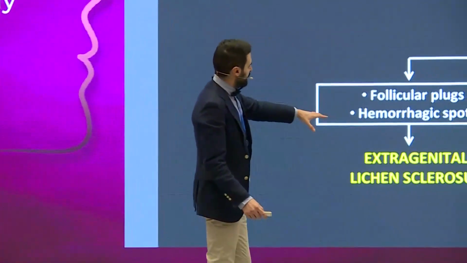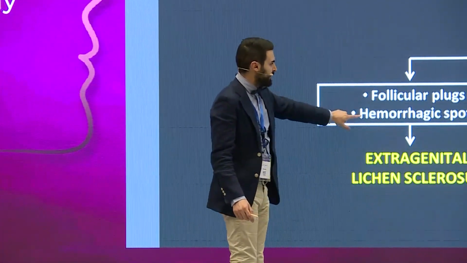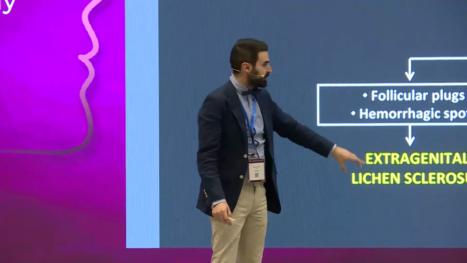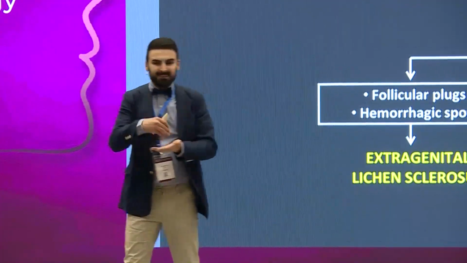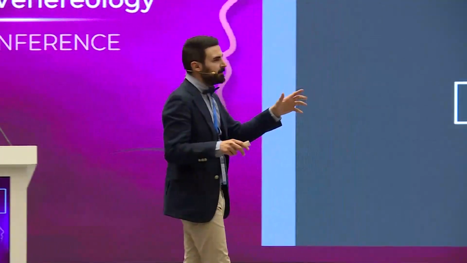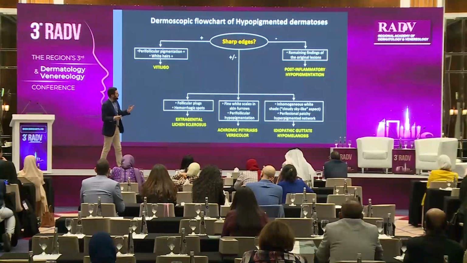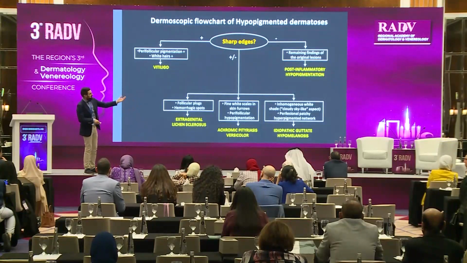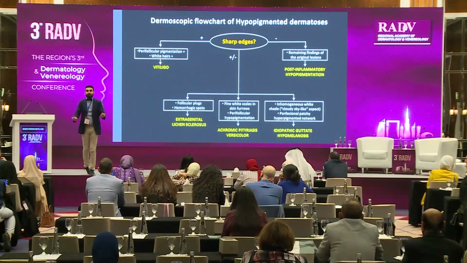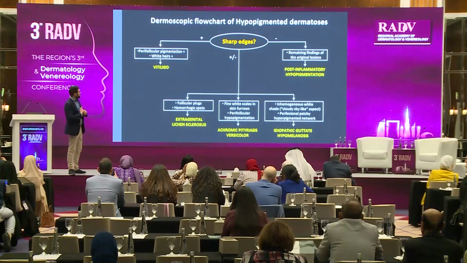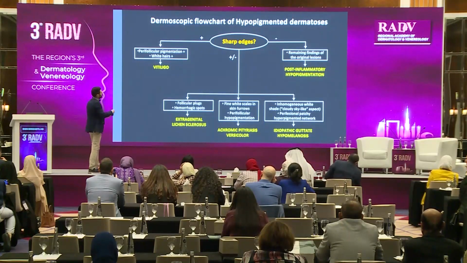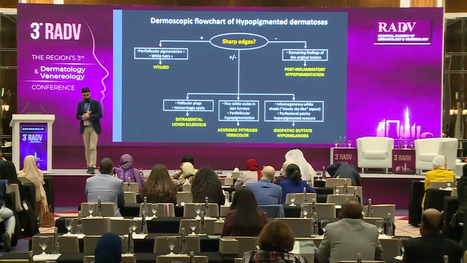So the clue are the presence of follicular plugs and hemorrhagic spots for extragenital lichen sclerosus, white scales in the skin furrows and perifollicular hypopigmentation in achromic pityriasis versicolor, and in idiopathic guttate hypomelanosis, perilesional patchy pigmentation and the cloudy sky-like pattern, okay? Post-inflammatory hypopigmentation, we have to look for remaining findings of the previous dermatosis, and then vitiligo, perifollicular pigmentation and white hairs, okay?